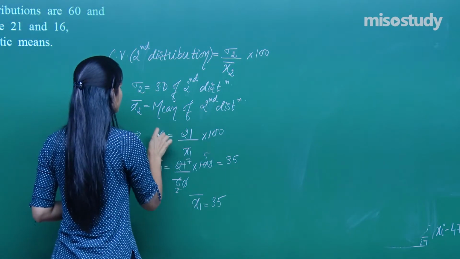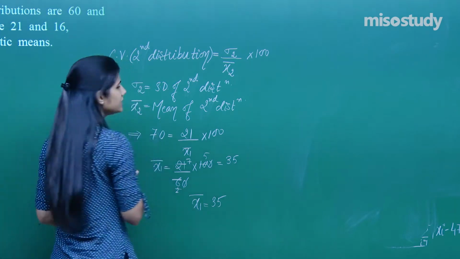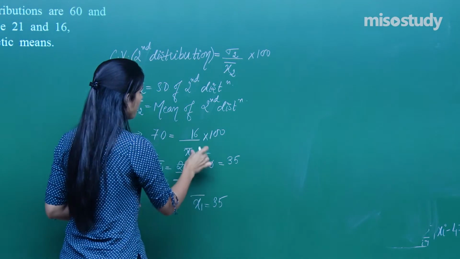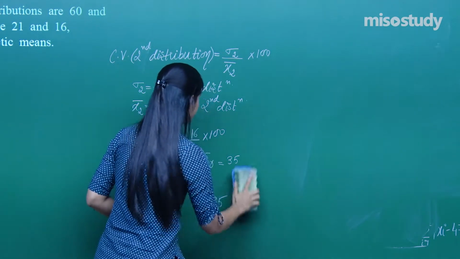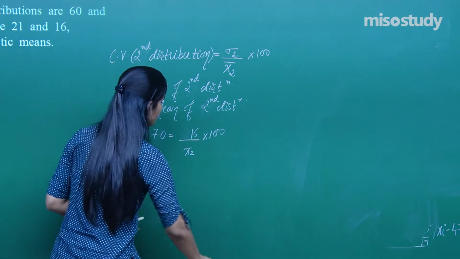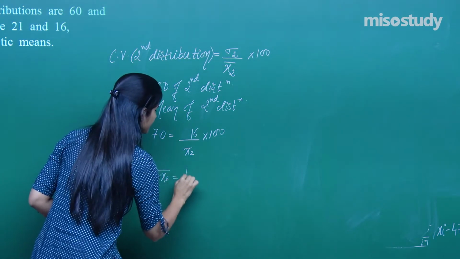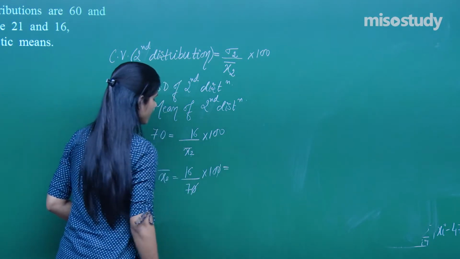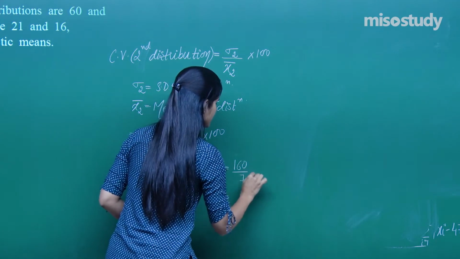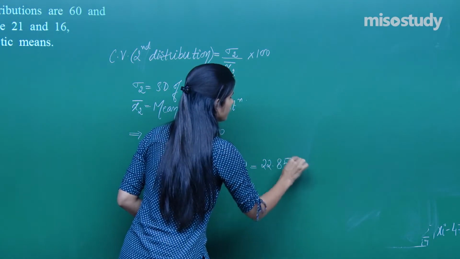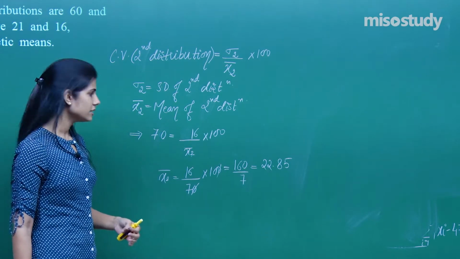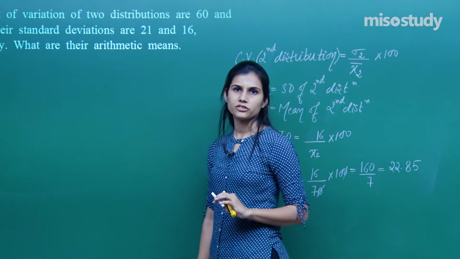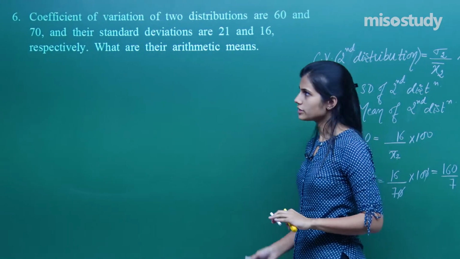Coefficient of variation is given to me as 70, standard deviation is 16 upon x2 bar into 100. So, from here when you evaluate x2 bar, it comes out to be 16 upon 70 into 100, which eventually gives you 160 upon 7, that is 22.85. Fine. So, this is the way to evaluate the arithmetic mean from the given coefficient of variation as well as standard deviation corresponding to two distributions.